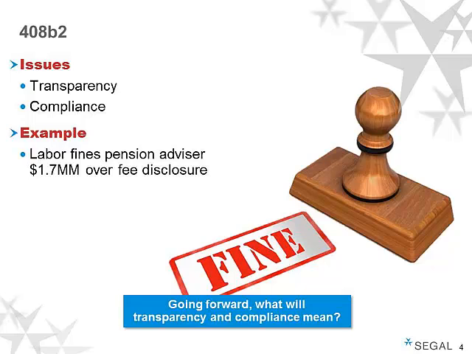There was one case that we have seen, and it was an investment advisor, and the Labor Department fined them $1.7 million because they were taking some extra fees out of the way they were doing their work that hadn't been properly disclosed. And the point I'm trying to make is, from what we're seeing, I believe the regulatory authorities are just going to continue to be very strict on this theme and continue to develop it.